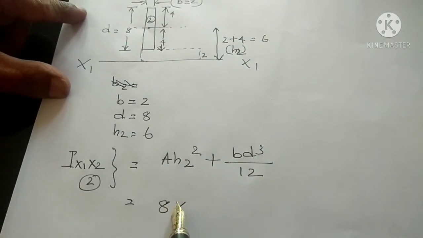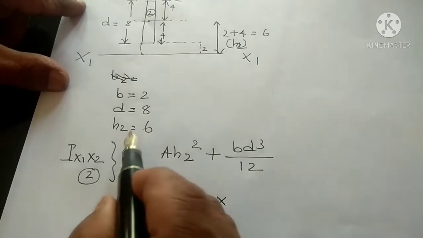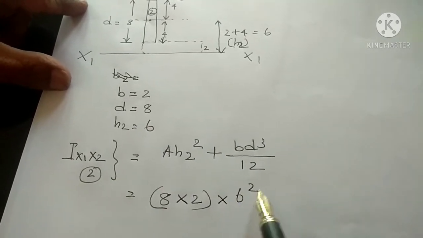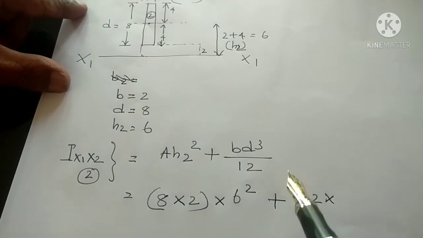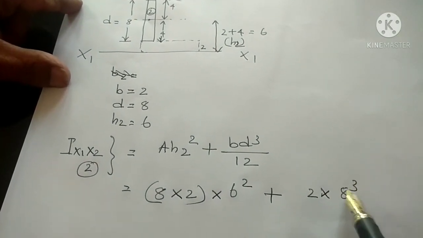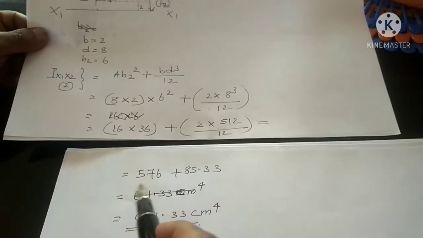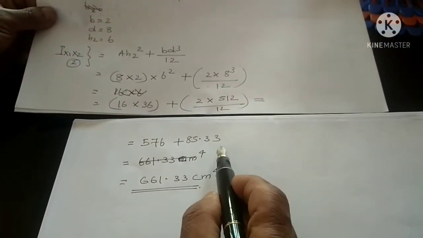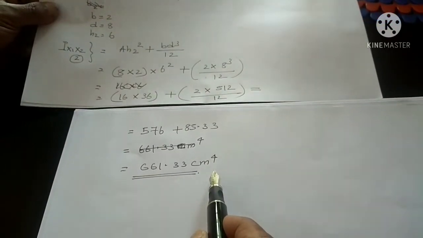That is 8 into 2, into what about H2? It is 6 square. Plus what about B? It is 2. What about D? It is 8 cube by 12. So that is 576 plus 85.33, which is equal to 661.33 centimeter raised to 4.